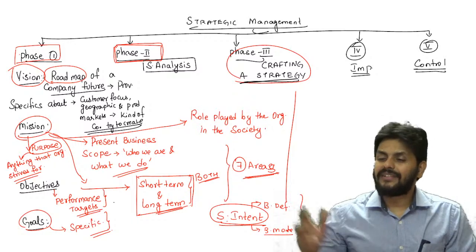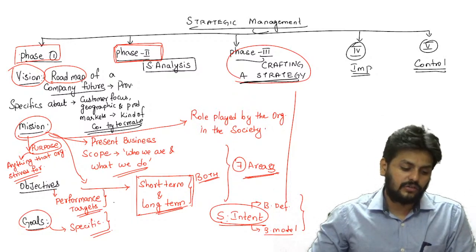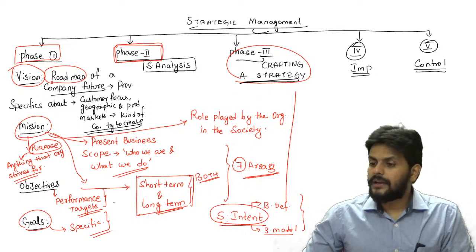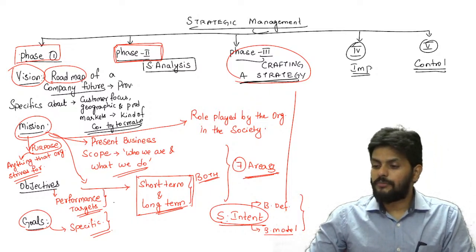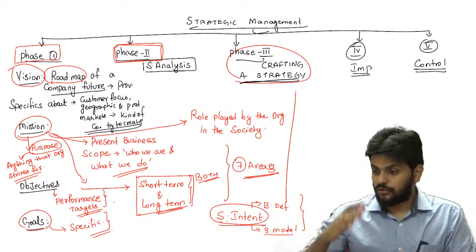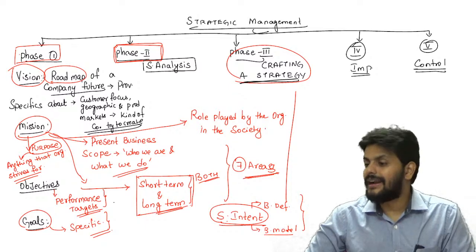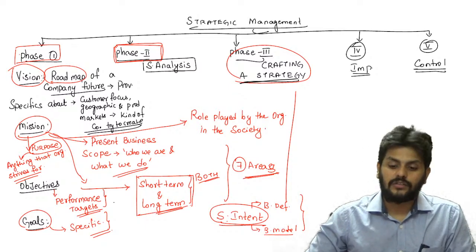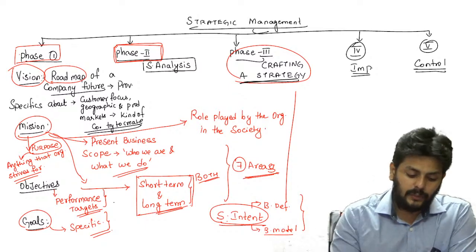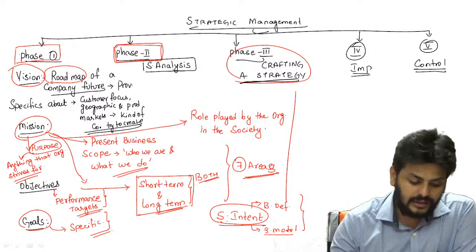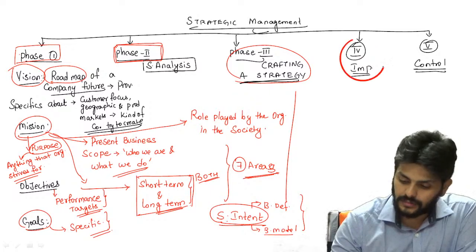So this was the definition of strategic management, which is pretty clear on your screen. Phase 1 talks about vision, objectives and goals. Phase 2 talks about strategic analysis. Phase 3 is all about crafting a strategy, which we discussed in detail. Now we will go ahead and discuss some important aspects of implementation.